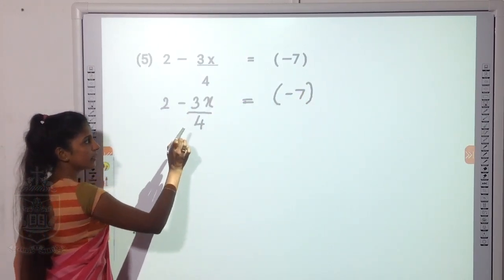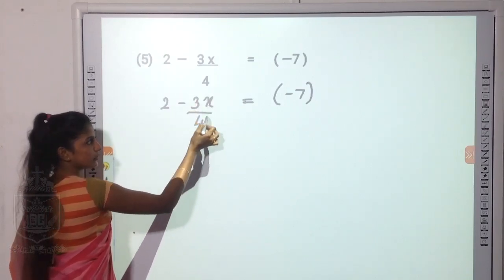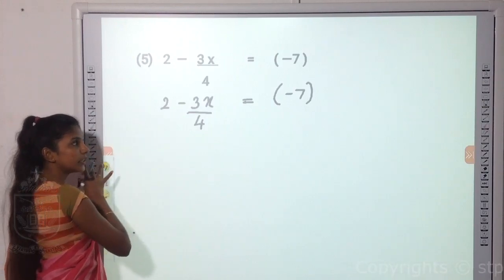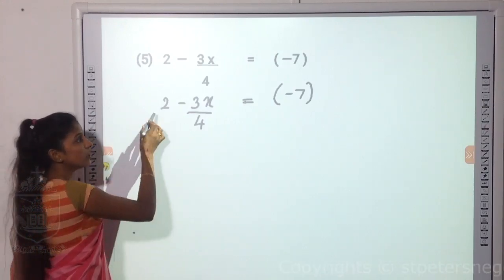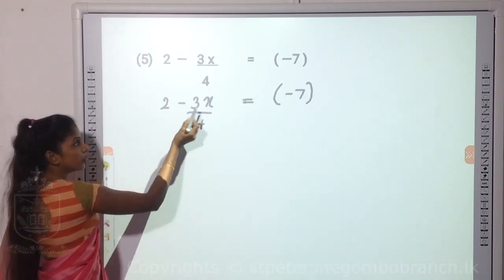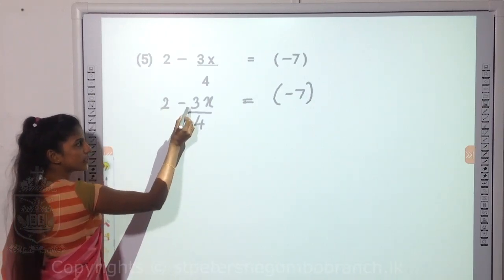So here the variable is x, and 3 and 4 are connected to this term, while this 2 is not connected with this term, that is a separate term. So it's easy for us to remove 2 from the equation at first. So in order to remove 2, don't consider the sign of 2 as negative.